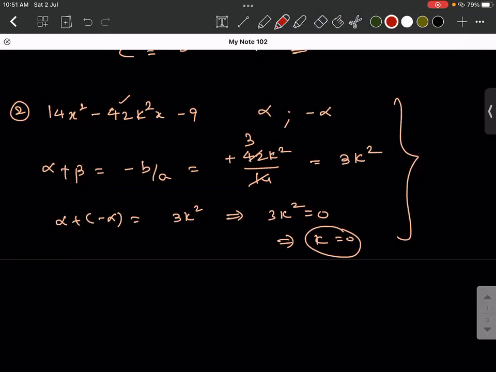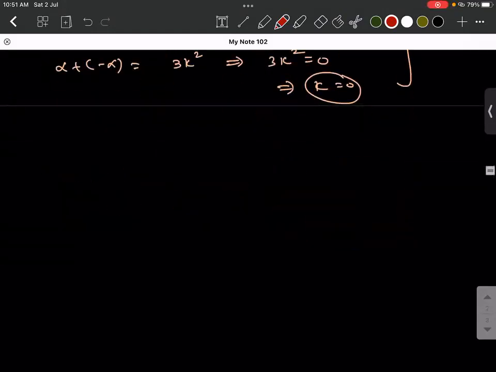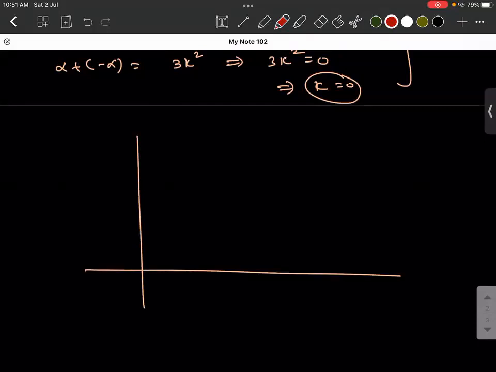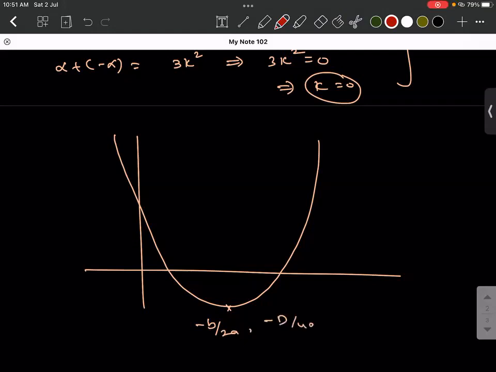Okay. So I'll come to that. If you see the graph that they have given, it is an upward parabola. What is this point given as? Minus b by 2a, comma, minus d by 4a.